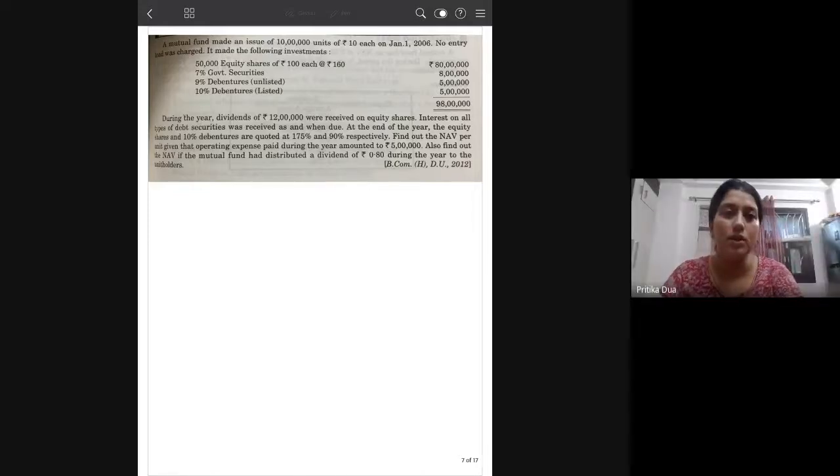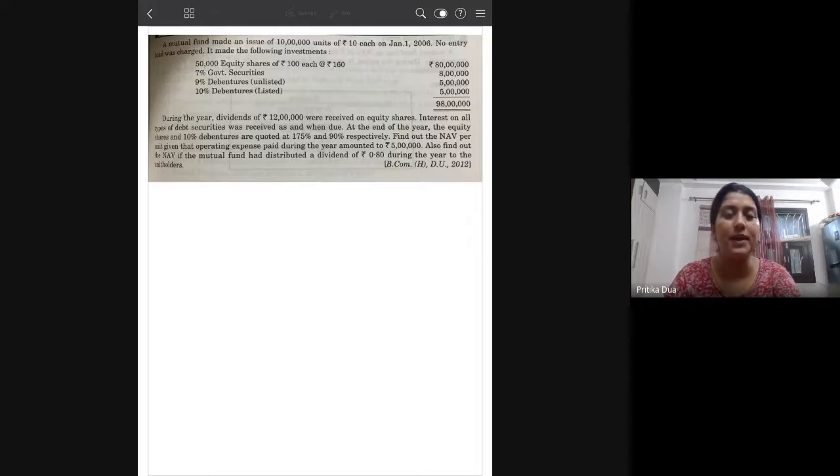Okay, so now the issue size is 10 lakh units of rupees 10 each, and then there are certain investments that have been made. Also, during the year, dividend on shares has been received, interest on all debt securities has been received, and you are given the year end market value of debentures and equity shares.